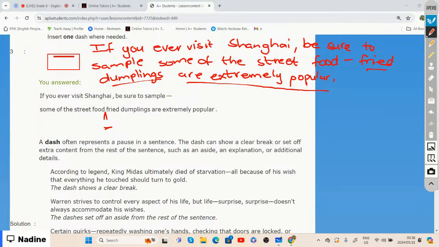We could have ended our sentence just there, but now they're giving us extra or additional information about the type of foods that we maybe should sample because of its popularity, right?